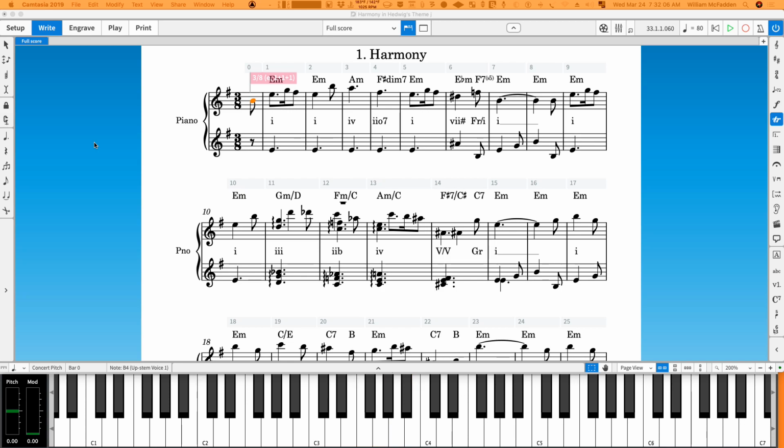Now we have a G minor. We see in the second staff that we have the B flat in there, so we have another accidental. So if you take the E minor and you go up a minor 3rd, you basically have the chromatic mediant.